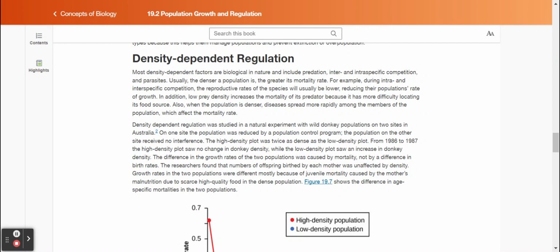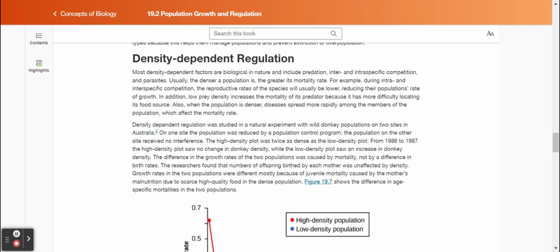Density-dependent regulation. Most density-dependent factors are biological in nature and include predation, inter- and intraspecific competition, and parasites. Usually, the denser a population is, the greater its mortality rate. For example, during intra- and interspecific competition, the reproductive rates of the species will usually be lower, reducing the population's rate of growth.